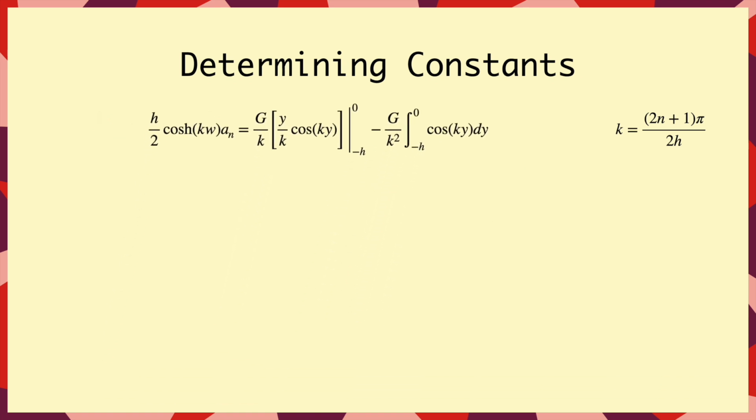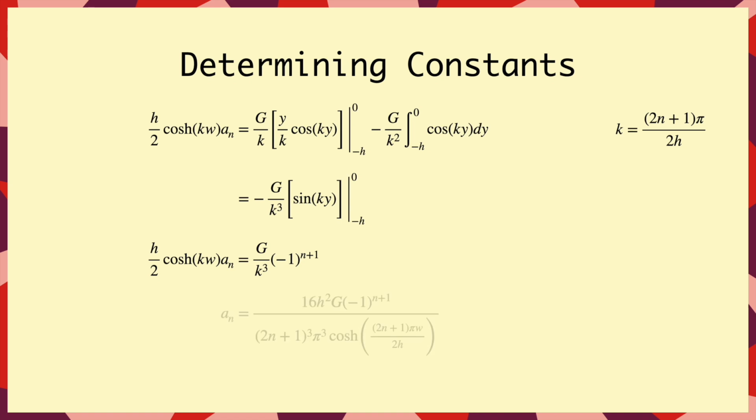And we have one last integral to do and evaluate, hopefully with no sign errors, and we've got an expression for our an. At this point, we can substitute k back in, and it might look a bit complicated and unfriendly, but if we think about the dimensions of this, it's gh² times by some dimensionless numbers.